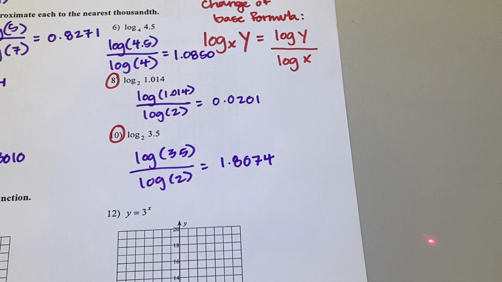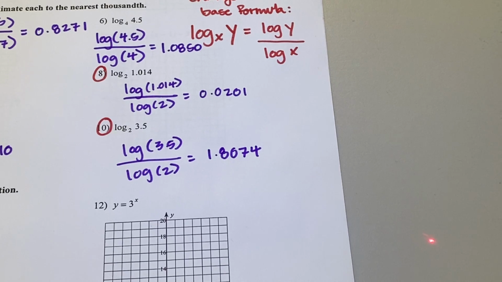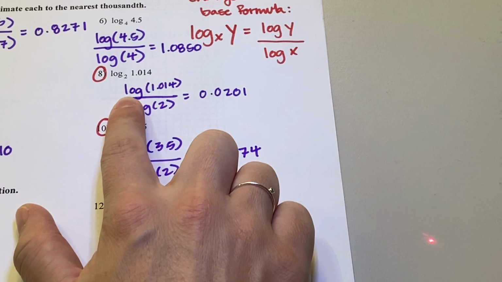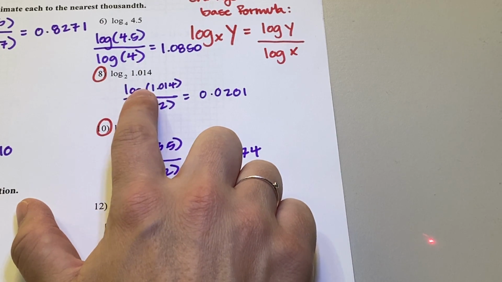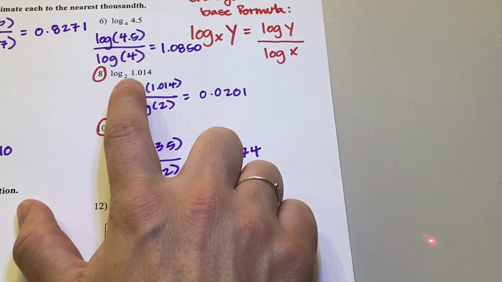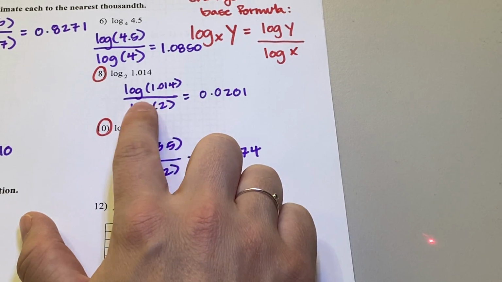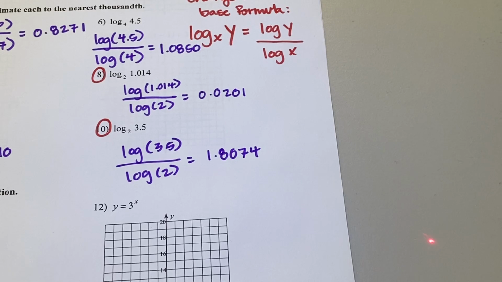All right, let's compare. How'd we do? Number 8, I got 0.0201 after rounding. That's what we got. Okay, check and make sure. Did you put log parentheses 1.014 divided by log parentheses 2? If not, maybe you missed closing a parentheses.